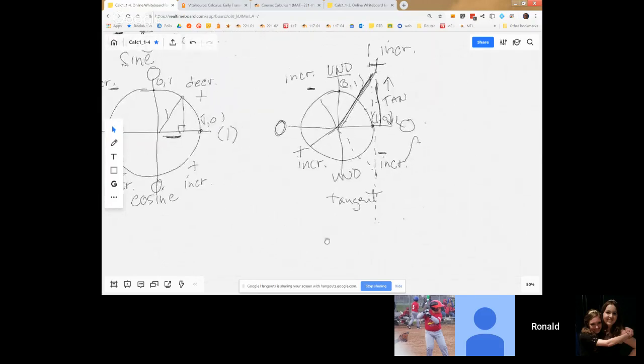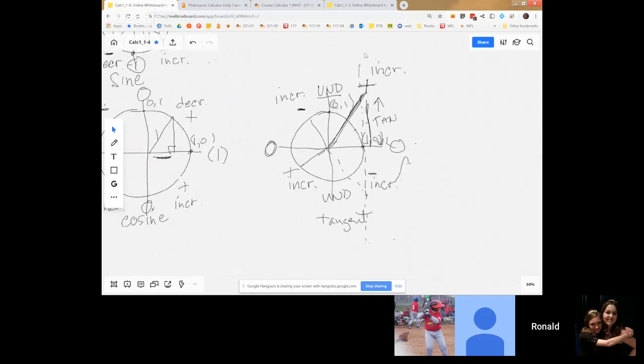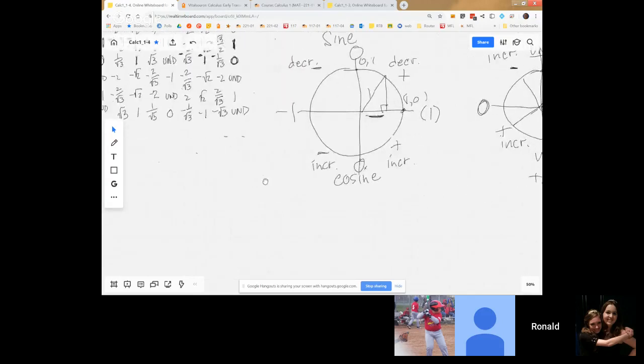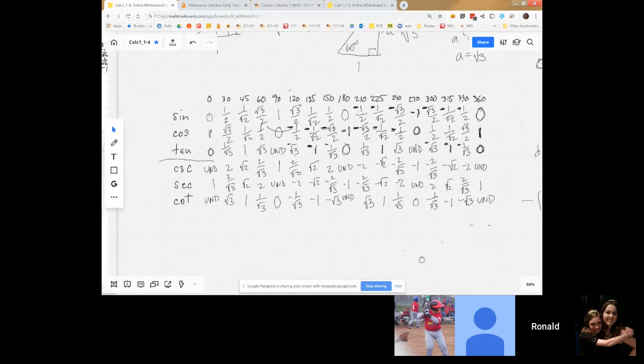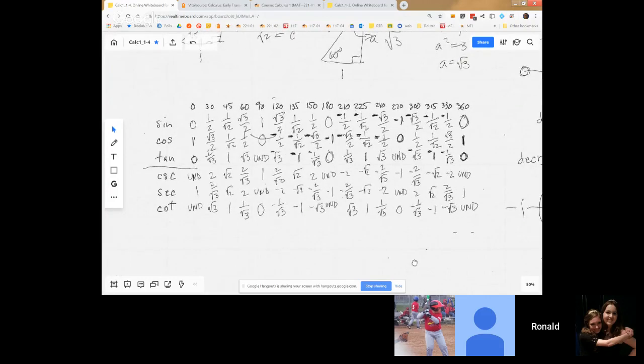And the tangent has to do with this new tangent line drawn in, and the hypotenuse of the triangle extended out to that length represents the tangent. So anyway, put that all together and you should be able to come up with that type of thing. So if you can't do that, we're going to have to fill that hole.